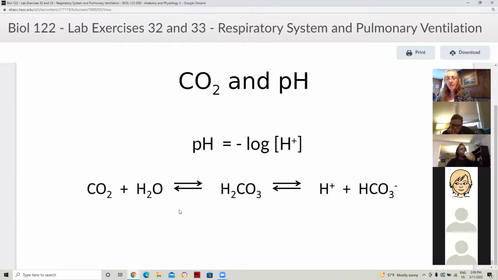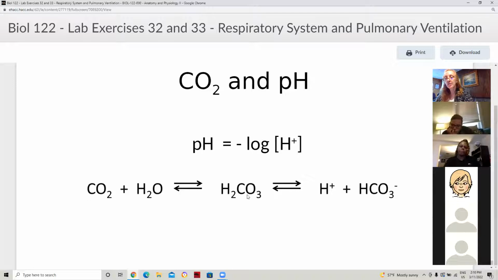So carbon dioxide, how do you measure it? This is the equation for pH, right? What this equation says is that carbon dioxide can combine with water to form carbonic acid.